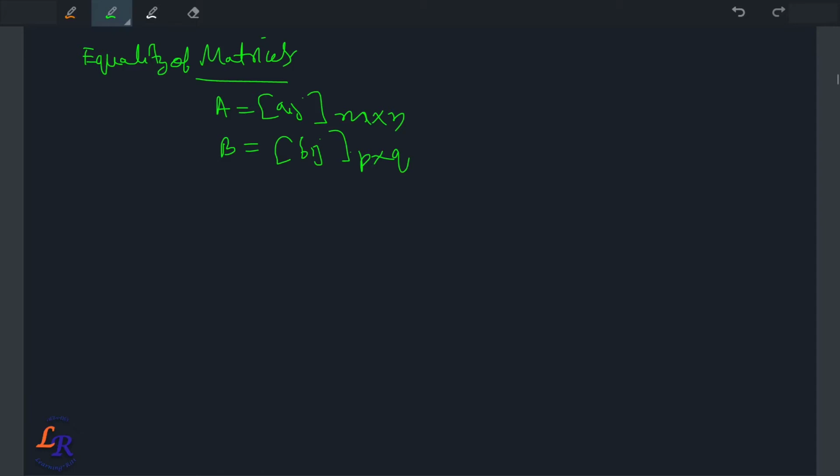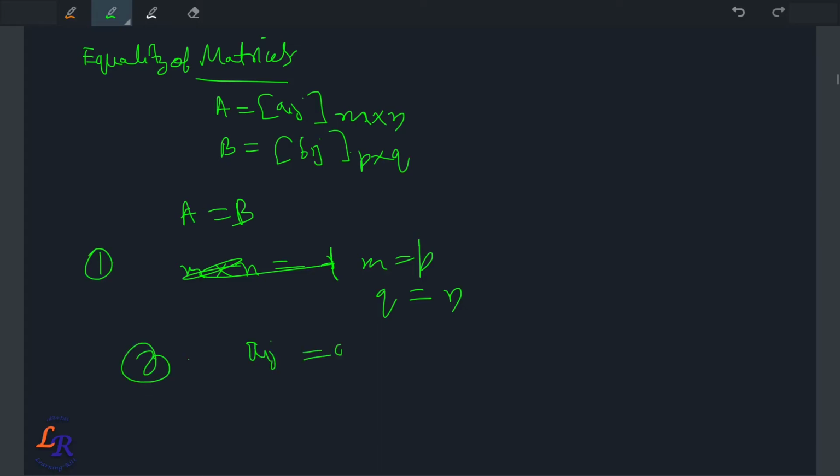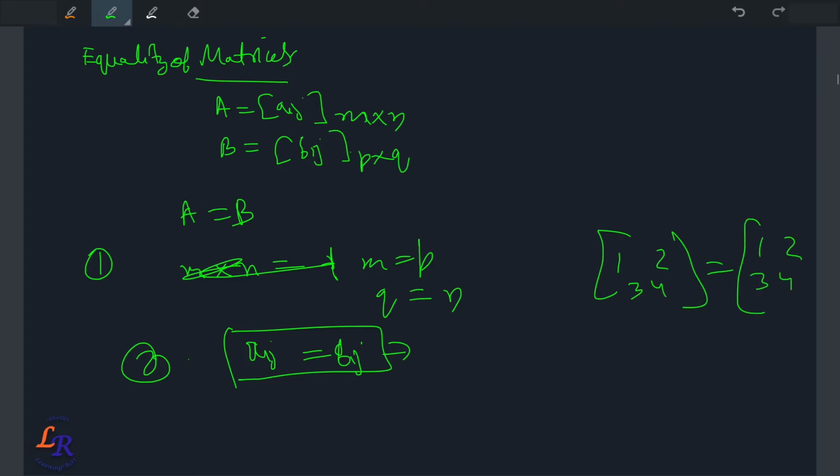Then these two matrices are equal when the orders are the same, like m cross n, that is, m is equal to p and q is equal to n, right? So the order should be the same for both matrices, that is the first requirement, and the second requirement is that aij is equal to bij, meaning each element of the matrices should be the same. So for example 1 2 3 4, the equal matrix will be only the matrix which has the same value in each element.